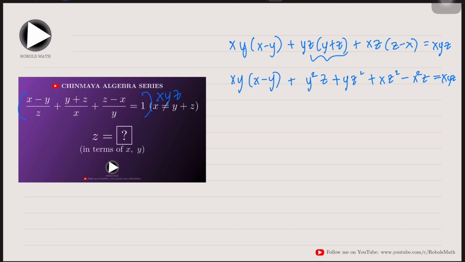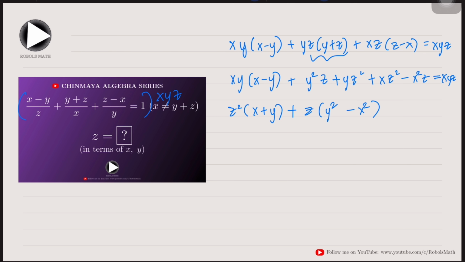As I've mentioned, we will group terms with z squared, so this one and this one will be grouped. We get z squared times (x plus y), and then for the z, we get (y squared minus x squared). We'll leave this xyz here because although it has a z, I want to group this instead with this one because it has an xy.